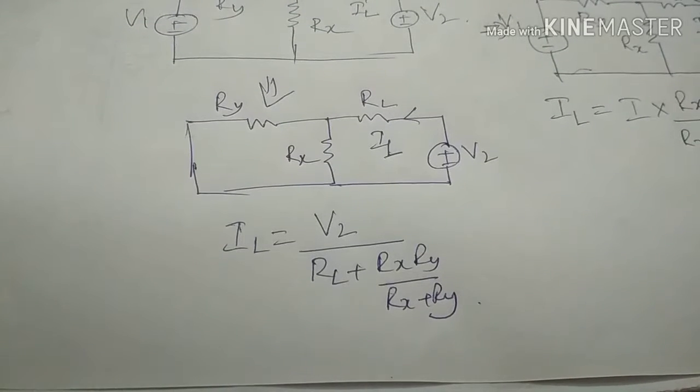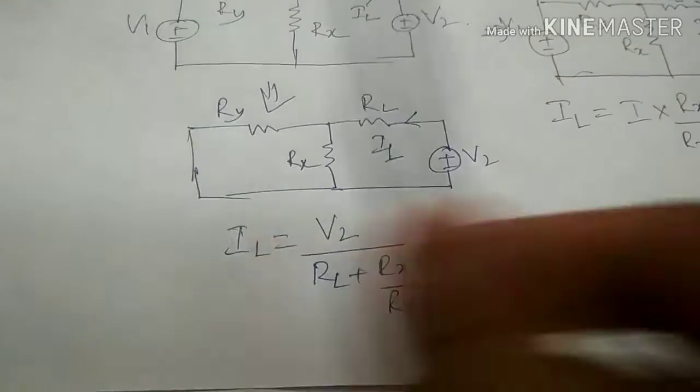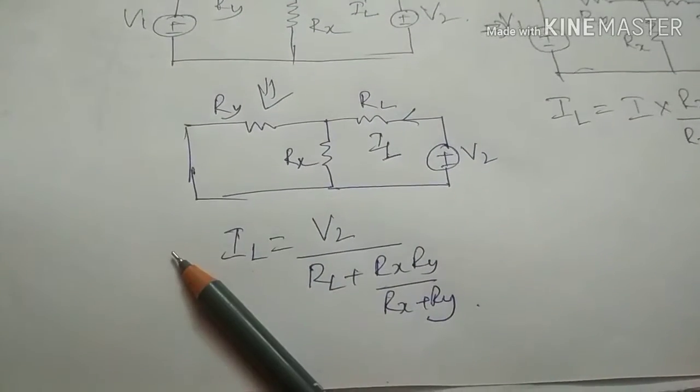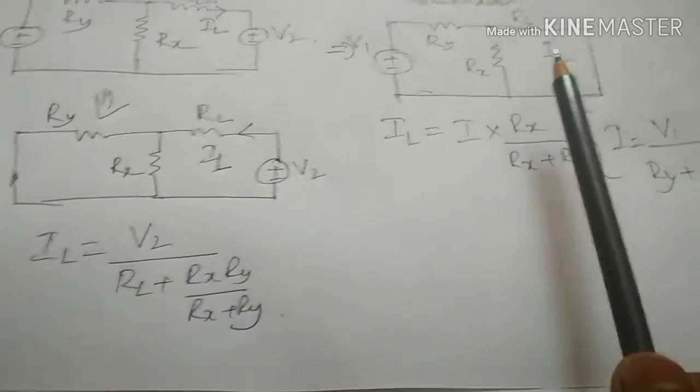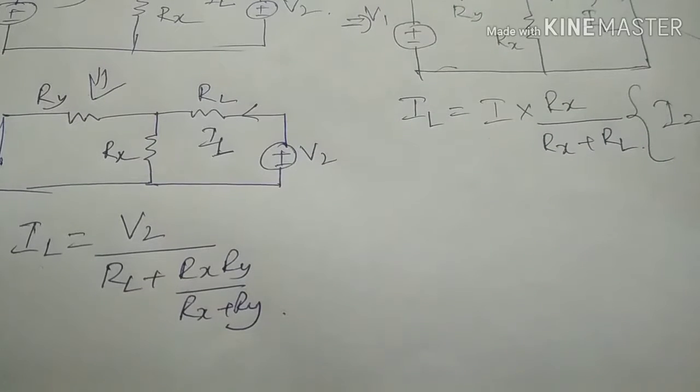So we have two values of IL. We calculated IL when V2 is inactive, and IL dashed when V1 is inactive.